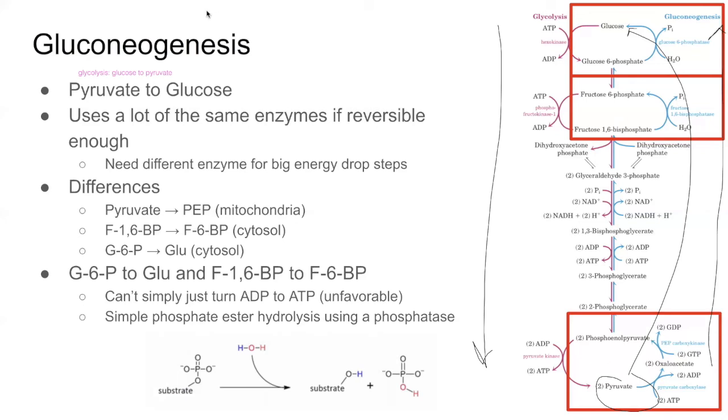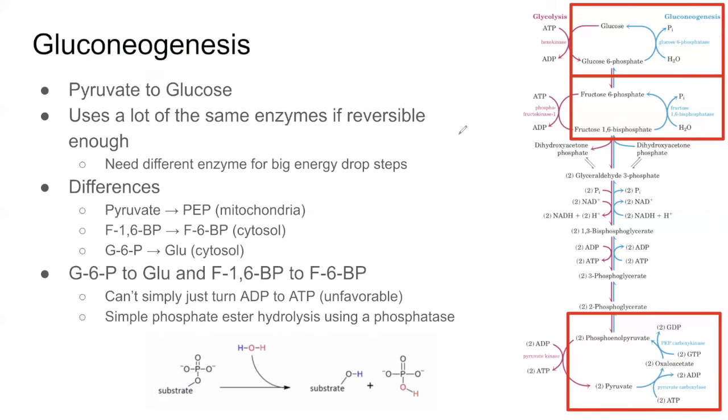And the last thing to note is that in these two pathways, a lot of the enzymes are the same. So in all these parts that are not red boxed, the enzymes are the same, but in some steps, there's a difference. And to a lot of people's surprise, it actually is these three steps.